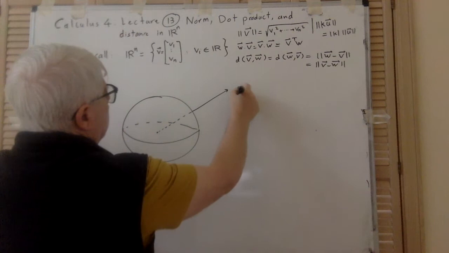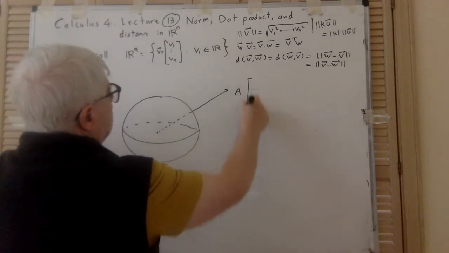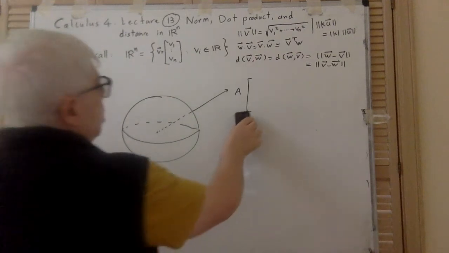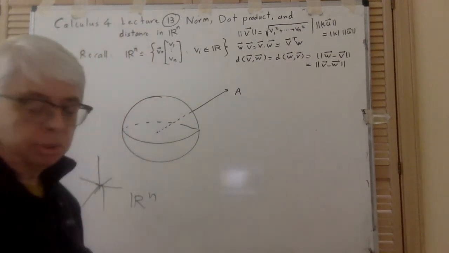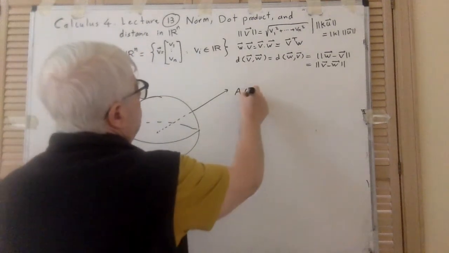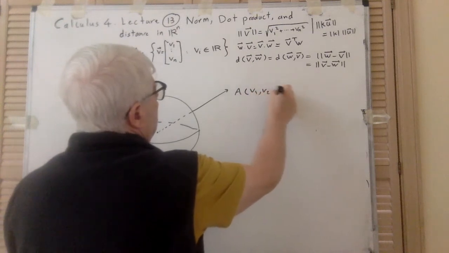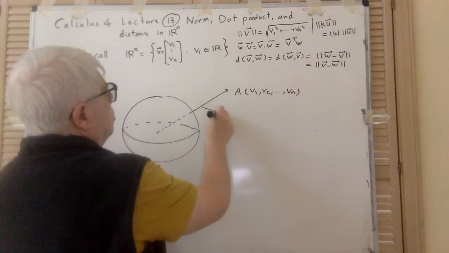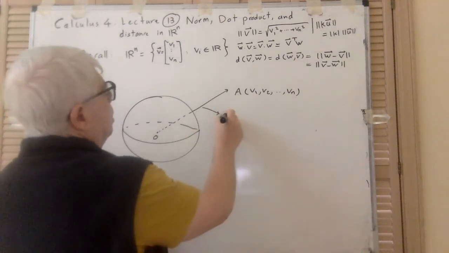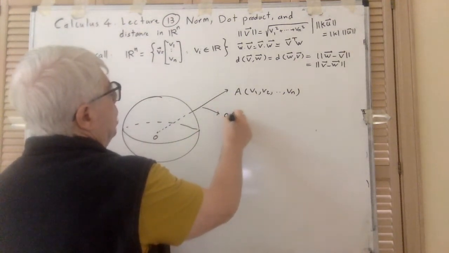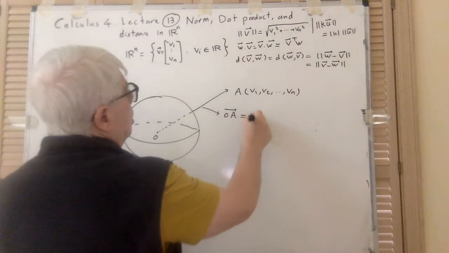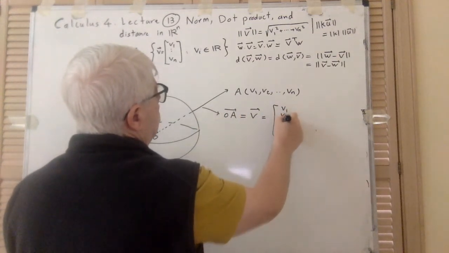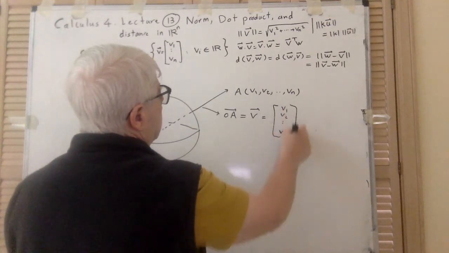point A, which has coordinates. Those are coordinates, okay. So this has coordinates v1, v2, vn, and then this gives me vector OA. Vector OA, in fact, let's call it V, and it is v1, v2, vn.